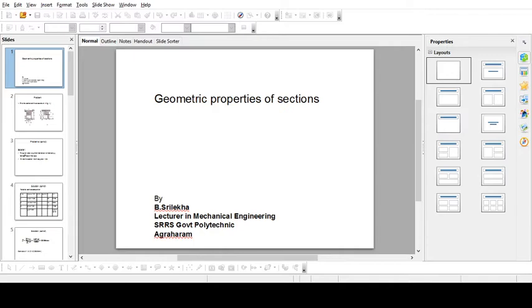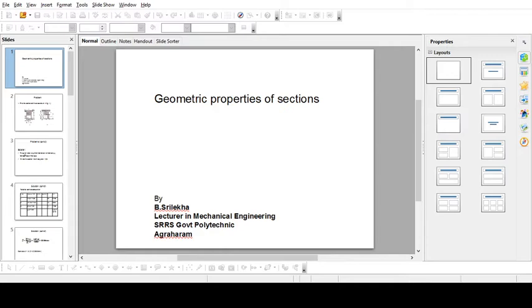If B is its base and D is its depth, then B by 2, D by 2 is the center of gravity. Next, for a square, if A is the side, then its center of gravity is A by 2, A by 2.